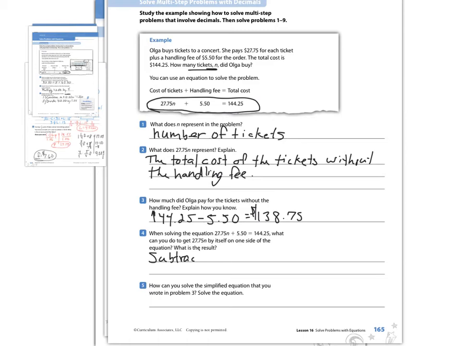We would subtract $5.50 from each side. It says what is the result? Well, if we subtract $5.50 from each side, the result would be $27.75 times N equal to 138.75.